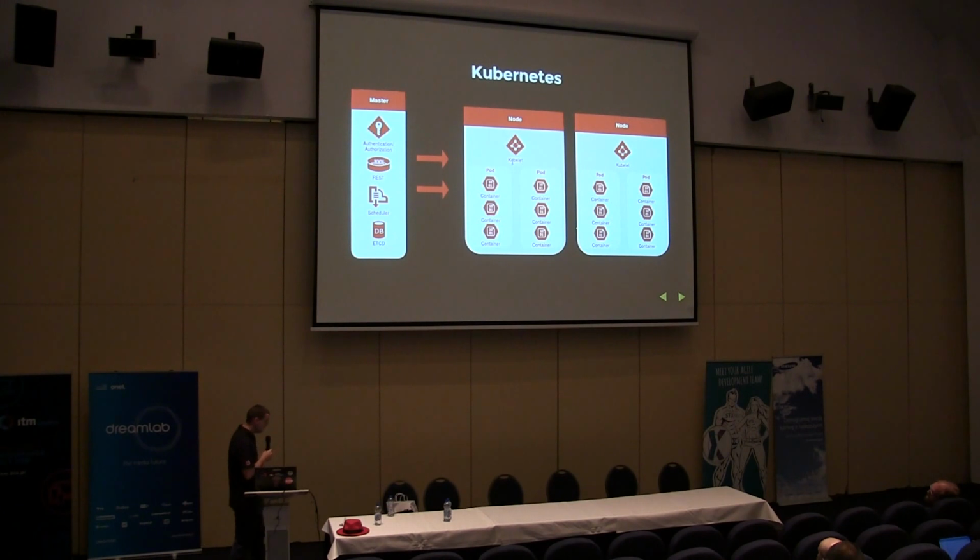So containers are placed on nodes, and the entire thing is scheduled by the master. The master takes care of authentication and authorization. It provides the REST API that you communicate with, so that you can actually schedule a job or a process to Kubernetes.